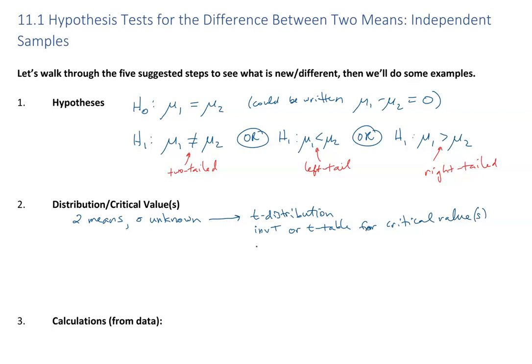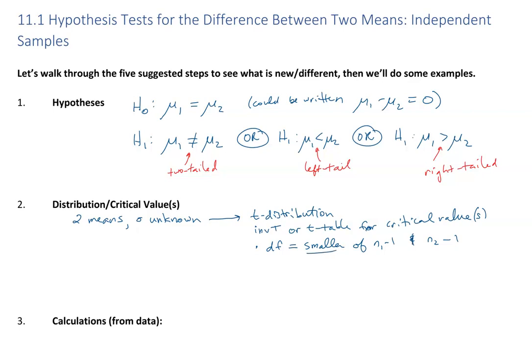And then, like in chapter 10, the degrees of freedom, df, is going to be the smaller of n1 minus 1 and n2 minus 1, the smaller of those 2 numbers.